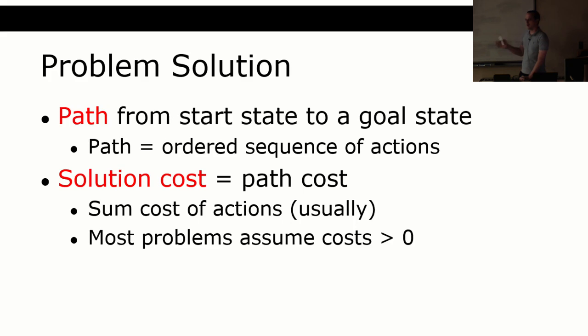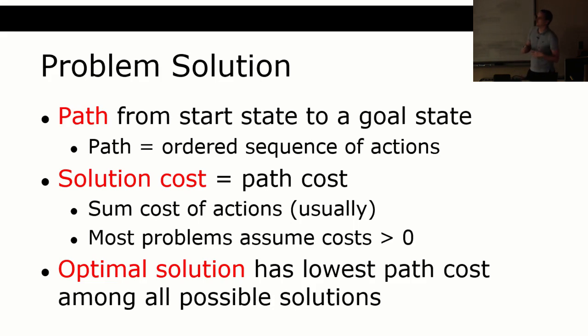Because if you have a problem in which actions cost less than 0 or equal to 0, then you can just take that action over and over and over and make your cost arbitrarily low, and that's not an interesting problem, right? So we're going to say, yes, there is a non-zero positive cost to each action that you take, and that way minimizing it will actually mean something.